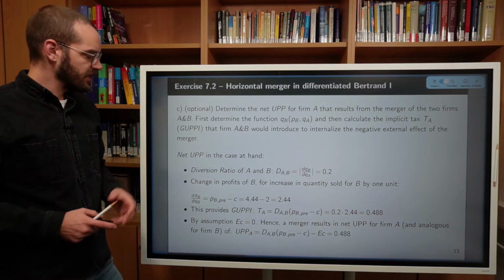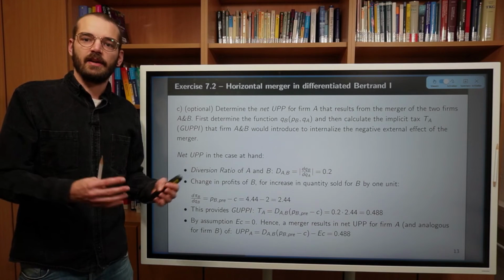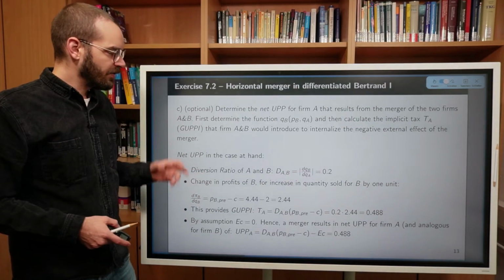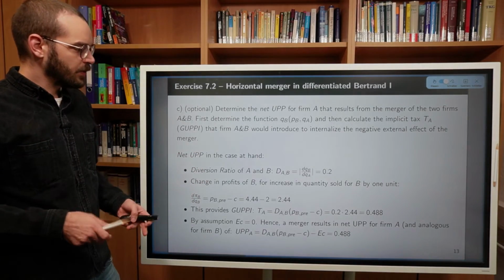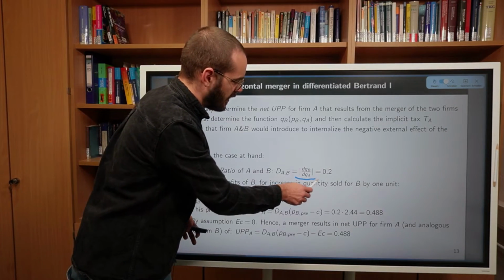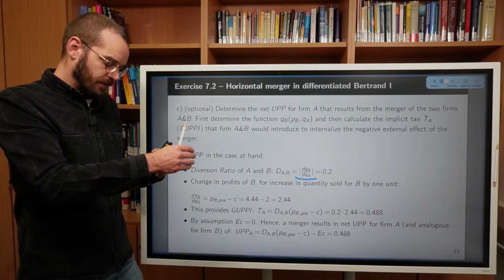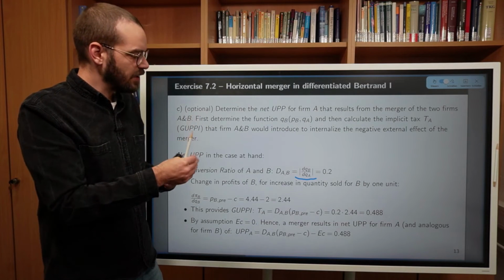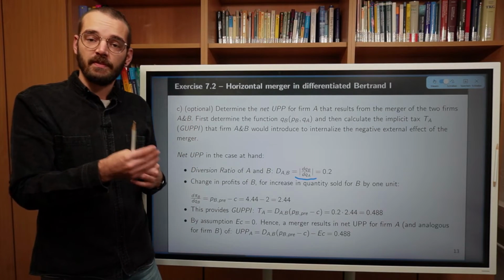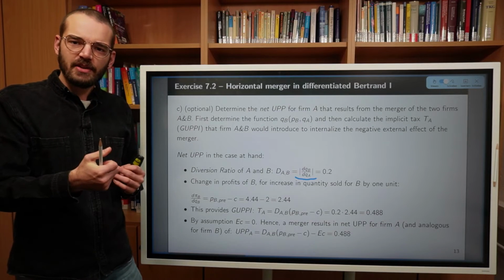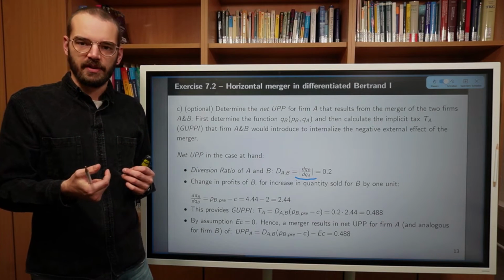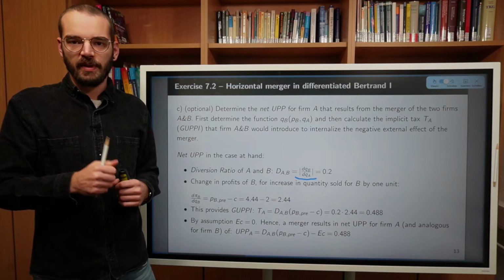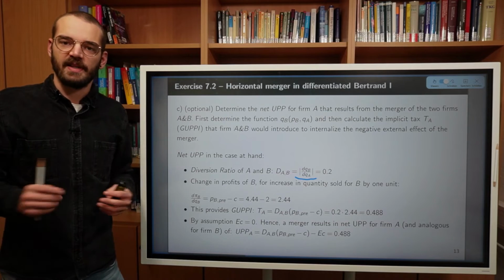The next part we need in order to calculate the implicit tax and then the gross upward pricing pressure index is the diversion ratio of A and B. So basically what we need to know is the change in demanded quantity of good B with respect to changes in the quantity of the other good, right? So the interchanging relationship between these two parameters in the model.